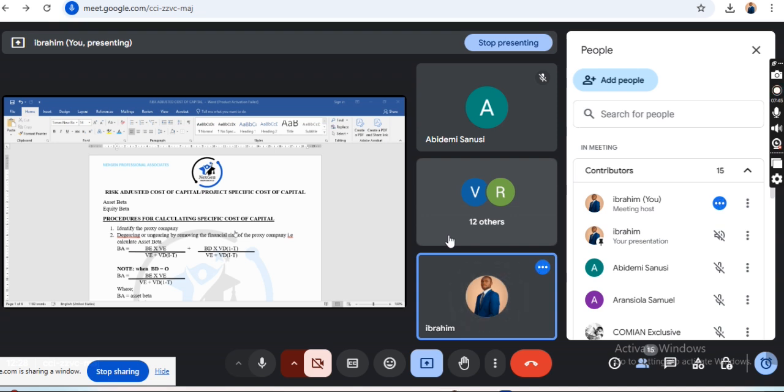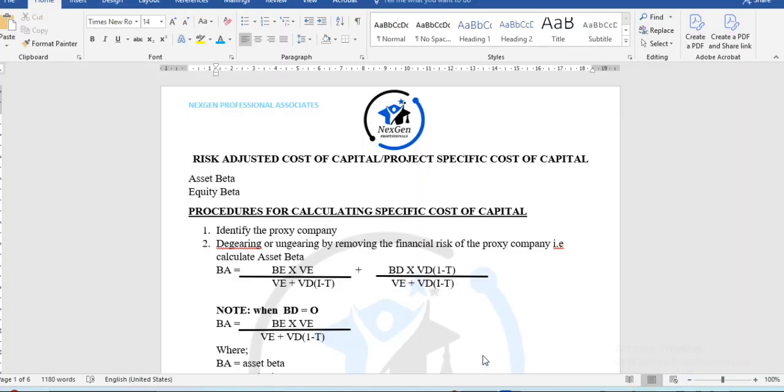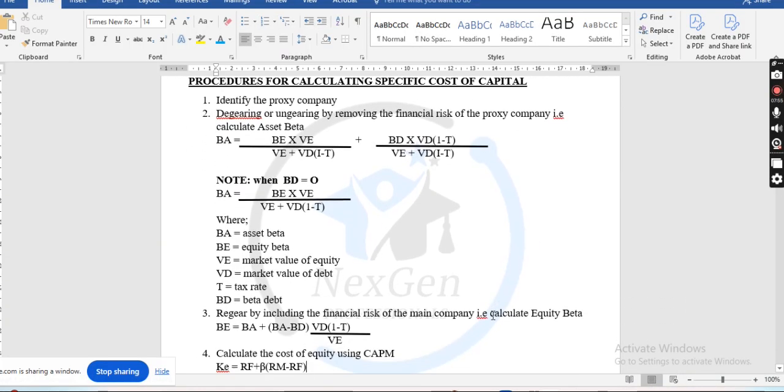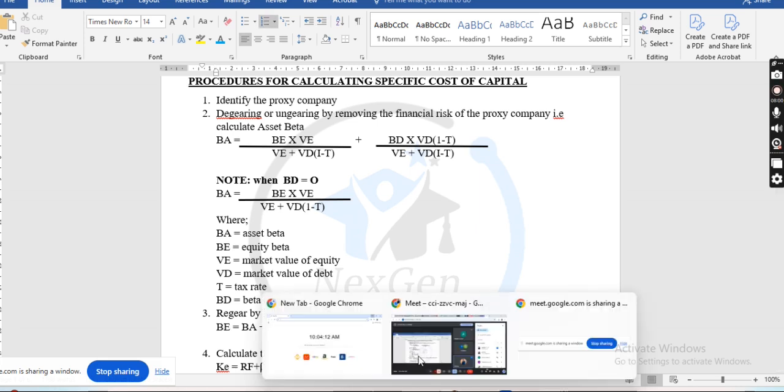Let's put it in two ways. Asset beta, let me scroll down so you see something coming. Okay, equity beta.